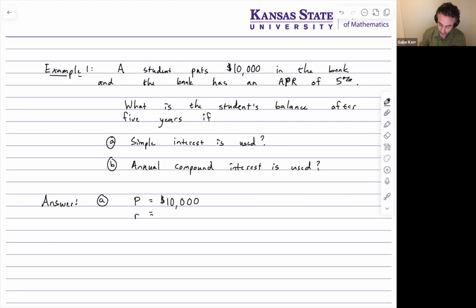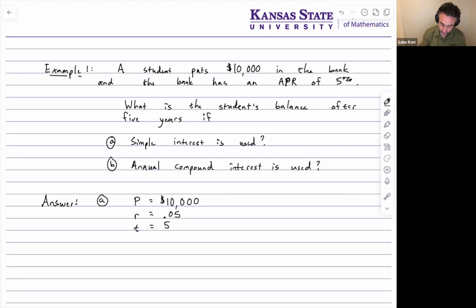The annual rate, remember, we need a decimal version of the percentage, so this is going to be 0.05. And then the term is equal to 5 years.